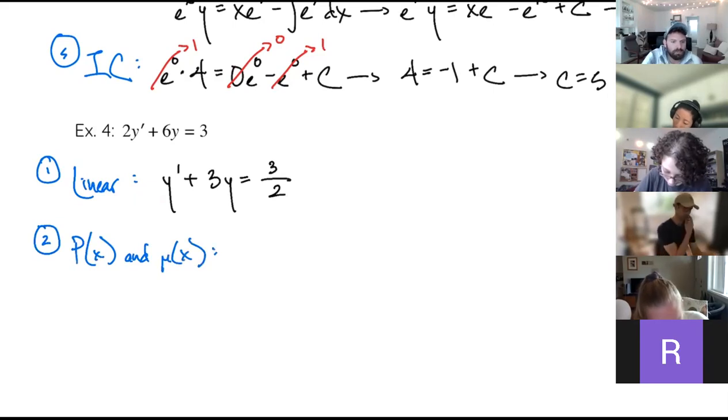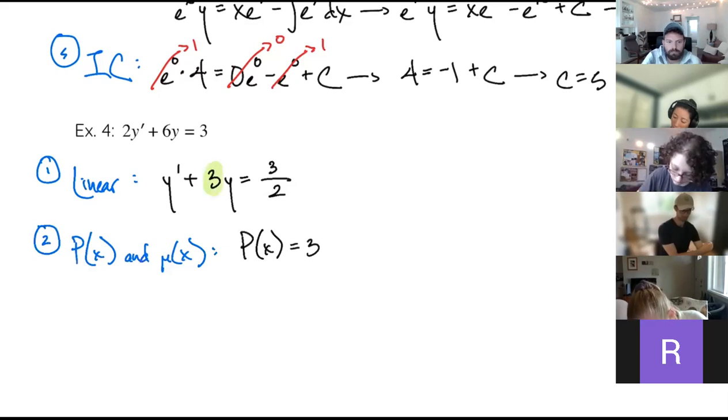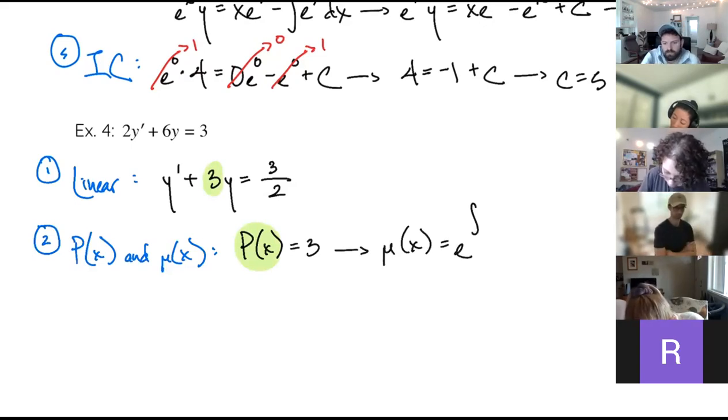Got to find our p of x and use that to find our mu of x. In this case, p of x is just 3. Right? 3 is our coefficient function for y. We plug that into our mu formula, e to the integral of p of x dx, and we'll get e to the integral of 3 dx.